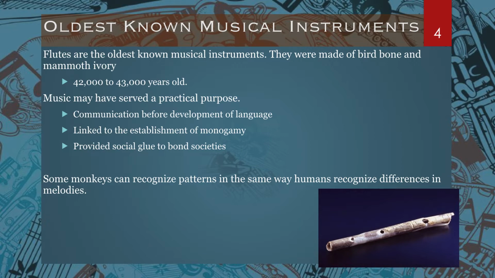So music may have served a practical purpose before the development of language. Many scientists believe it was used in communication before we actually developed our ability to speak. Scientists also believe that it's linked to the establishment of monogamy. That makes a lot of sense.